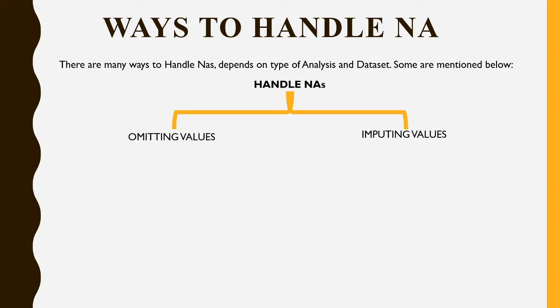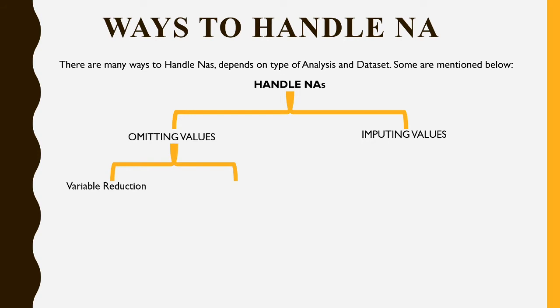And imputing means we will be inserting some other data instead of NA values, so that later on when we analyze it, we will not be working in a biased manner. We will be working on data that has values inside it. When we are omitting the data, many times it seems like we are working on a biased type of analysis. Now omitting values is further of two types.